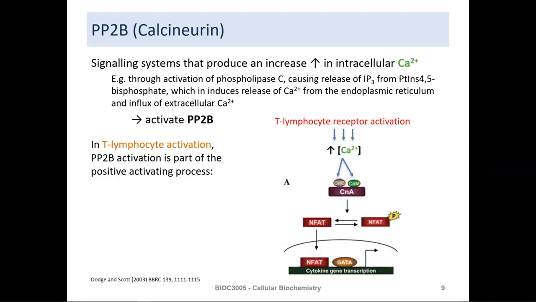This would induce the release of calcium from the endoplasmic reticulum, and also we would see an influx of extracellular calcium into the cell. This increase in the intracellular concentration of calcium will activate our PP2B enzyme. An example of this is the activation of transcription factors involved in T lymphocyte activation.